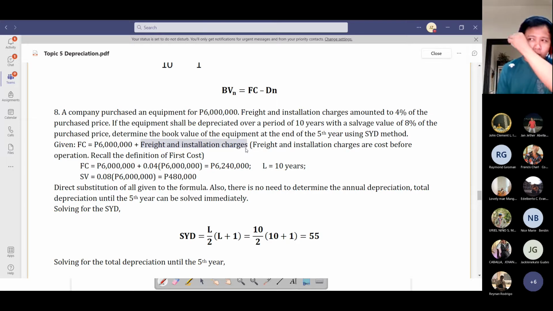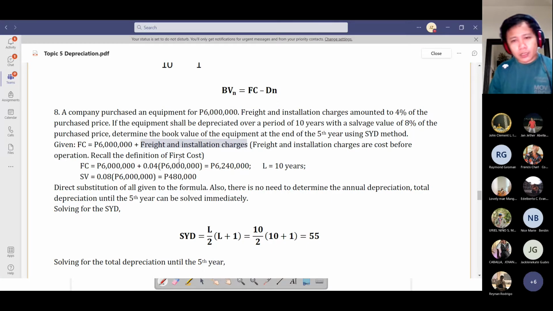So far, you can see that this is a very critical part of depreciation, the first cost. Again, take note of the definition of first cost, when it is considered first cost. Okay? For this one, it is just direct substitution.